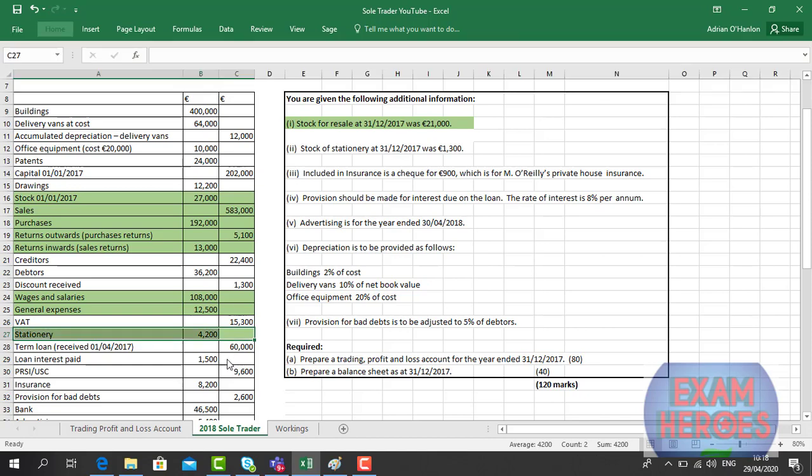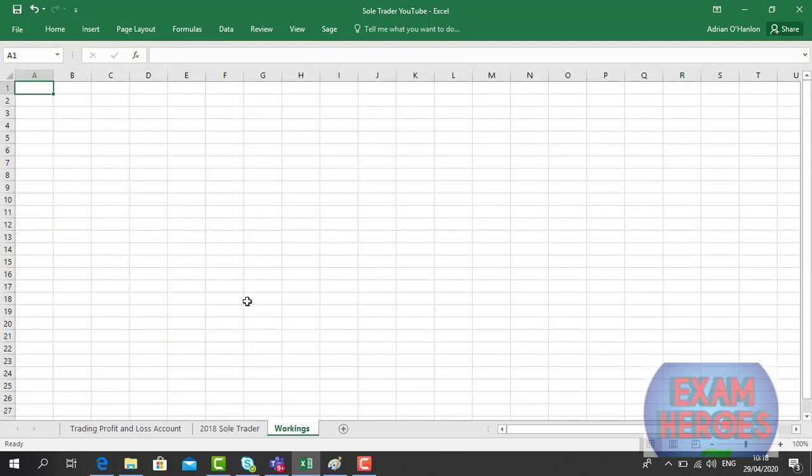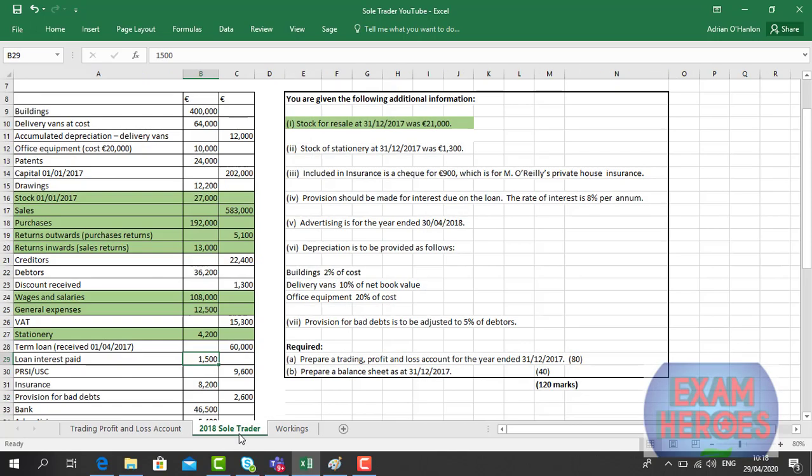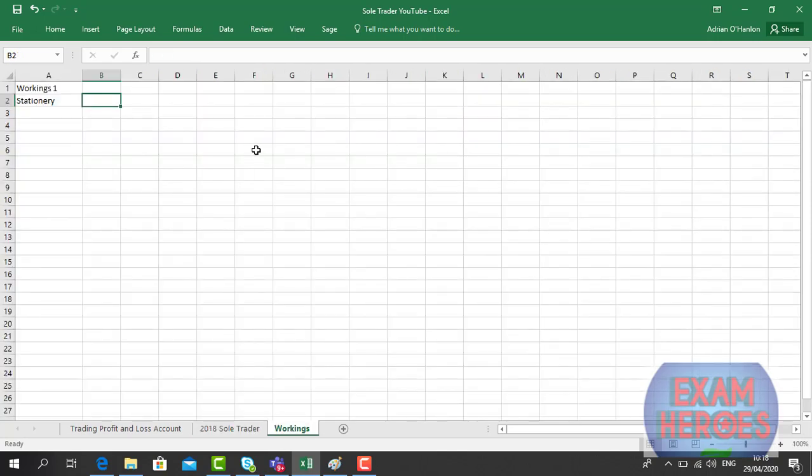So I have 4,200 euros of stationery, so let's call it working one. And my stationery, let's check that figure again. I think it was 4,200. Yep, 4,200.